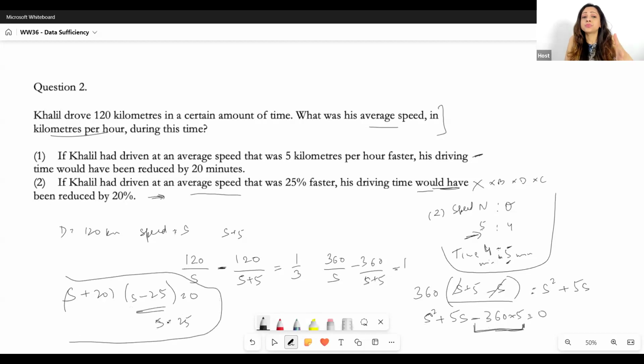So this will give me a positive value for s, and this will give me s is equal to minus 20. Since we're talking about speed, that makes absolutely no sense. So when I look at this equation, I know that I'm going to have only one viable value for s, and that is why this statement alone is sufficient. That is why my answer over here is A.